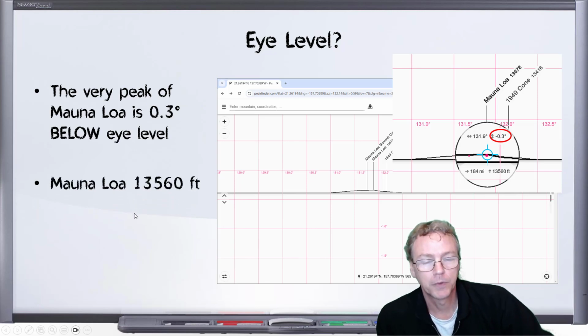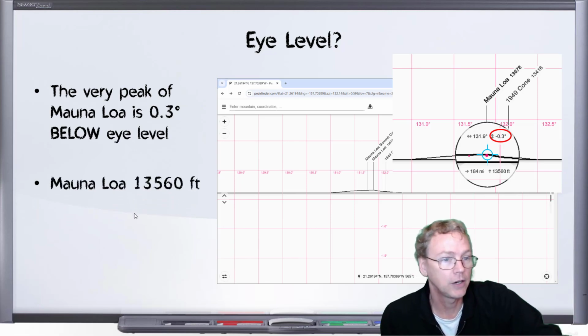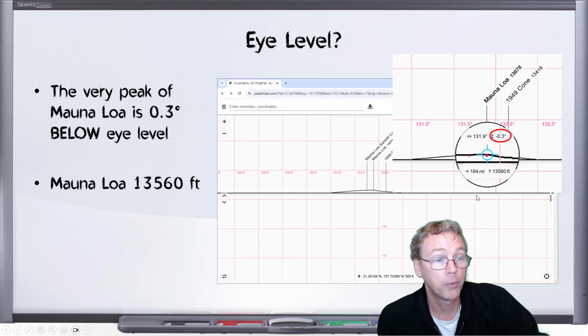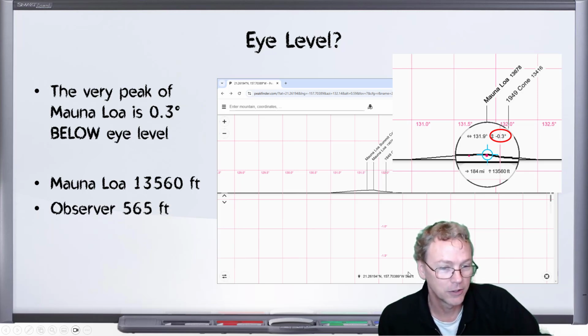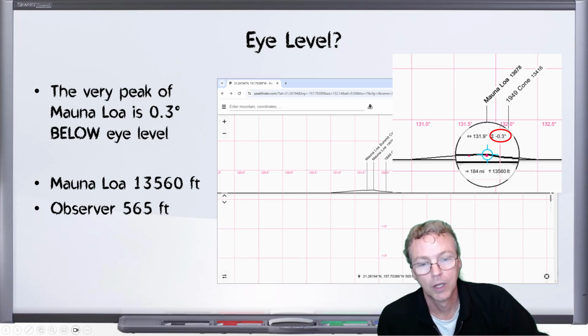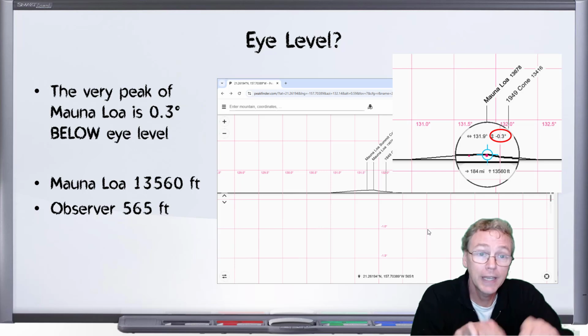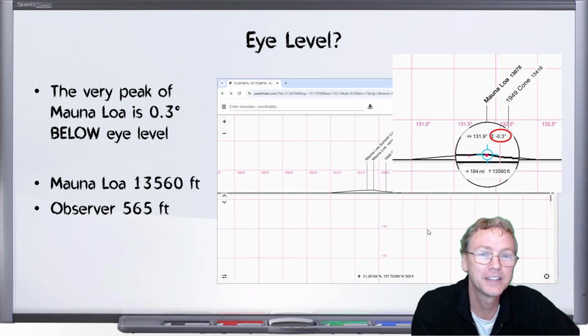Now, let me remind you, the top of Mauna Loa, the point I'm looking at least, is 13,560 feet. And the observer, I'll remind you, is right here at the bottom, at 565 feet. So we're looking up 13,000 feet.